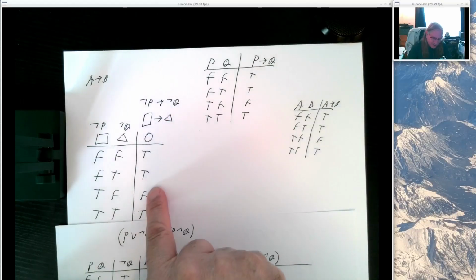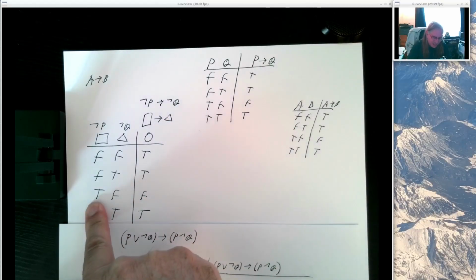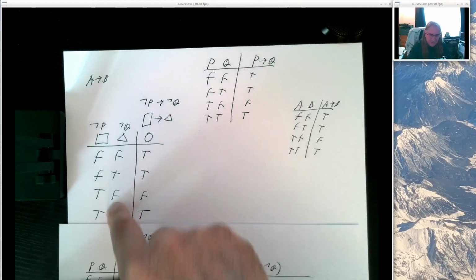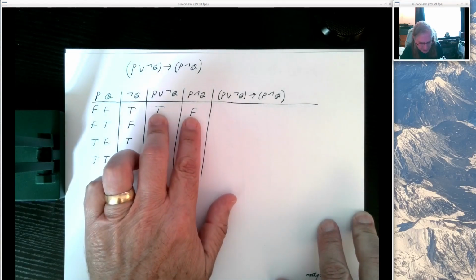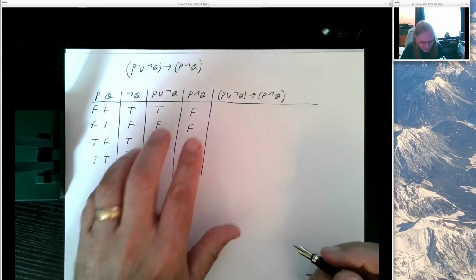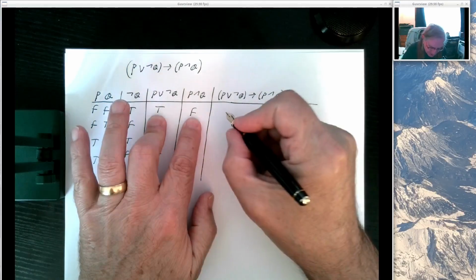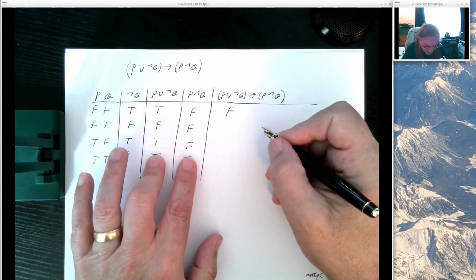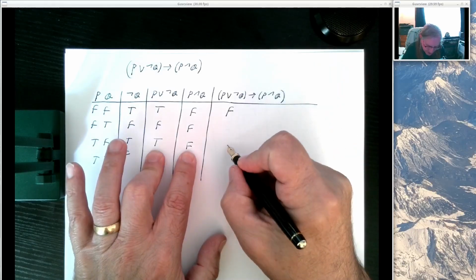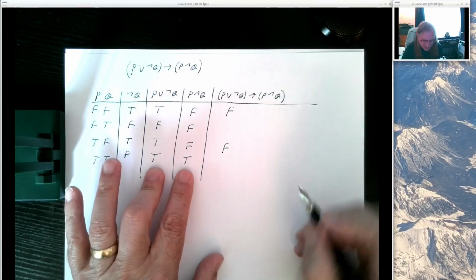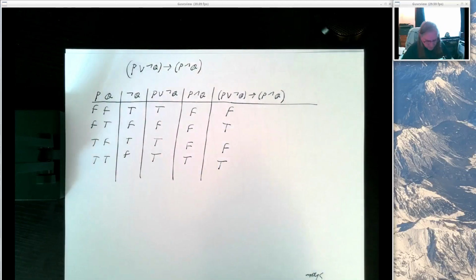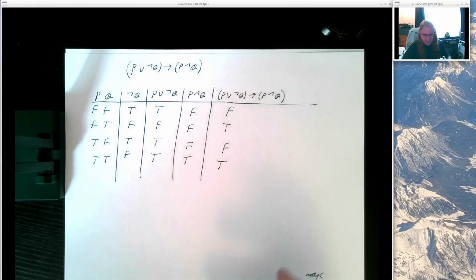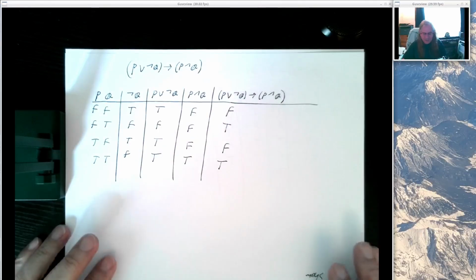The if then is always true except when the hypothesis is true and the conclusion is false. So let's look at this column and this column, hypothesis, conclusion. If the hypothesis is true and the conclusion is false, this is false. Any other condition, this is true. So there's the truth table for this compound proposition.